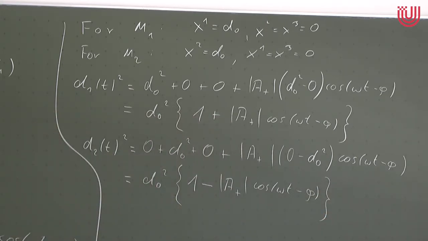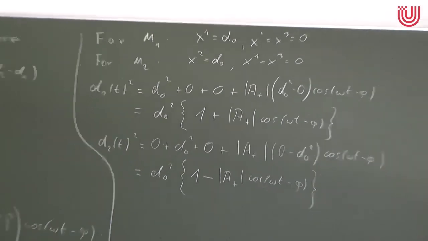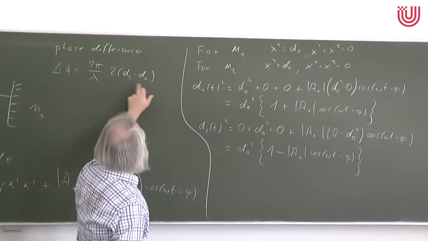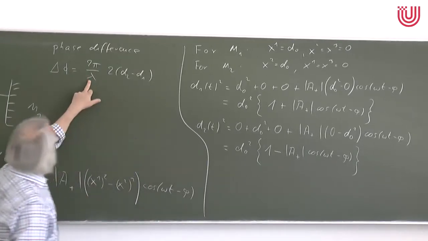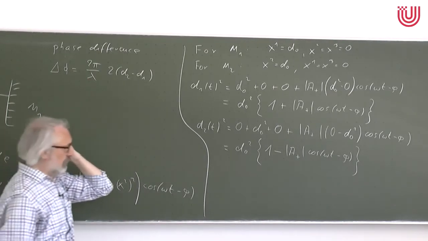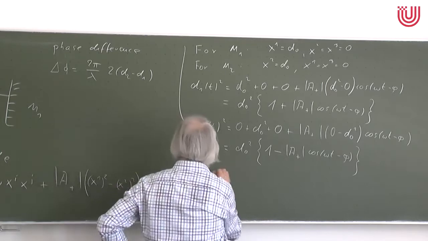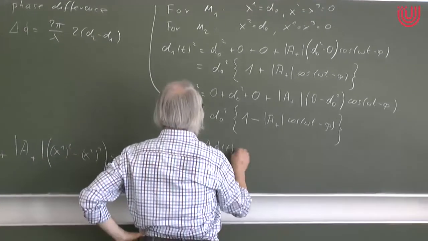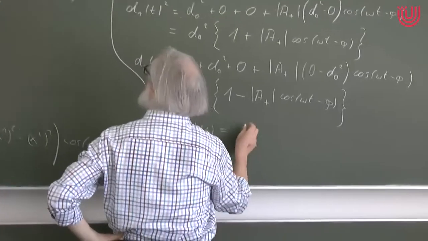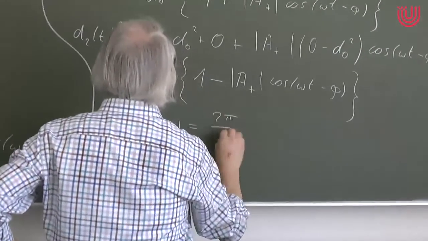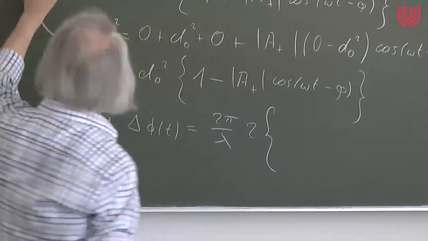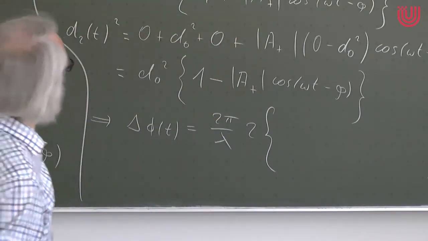Okay, so now we can calculate the phase difference, which then of course also becomes a function of t, because these two quantities change over time. This is the wavelength of the laser. This is of course not changing. So delta phi of t is then what? It is 2 pi over lambda times, and then I have to take the square root of these expressions.